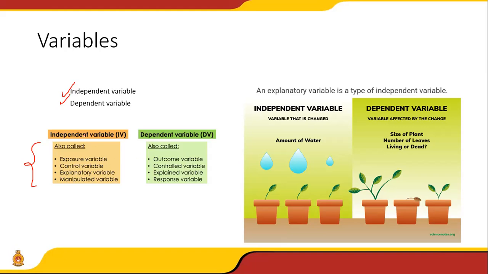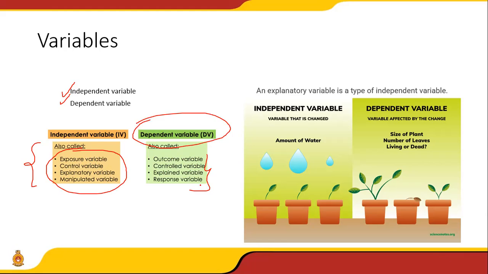For example, independent variables are also called exposed variable, control variable, exploratory variable, manipulated variable. Different kinds of namings might be fine, but at the end of the day, it's the same thing. On the other hand, you can see the same thing for the dependent variable. We have a lot of names. I have given some: outcome variable, explained variable, and response variable.